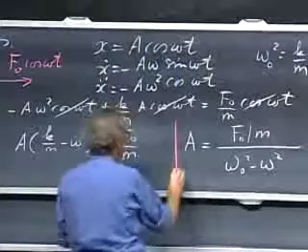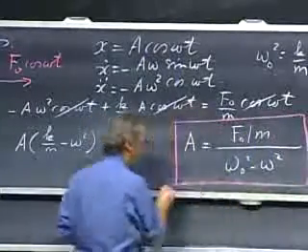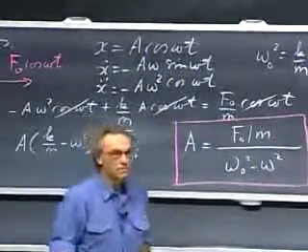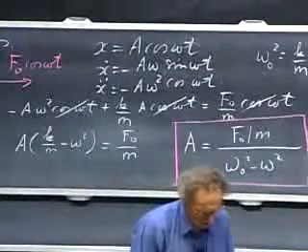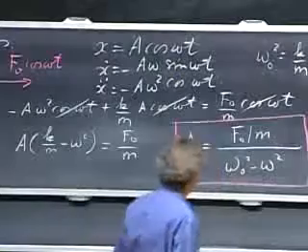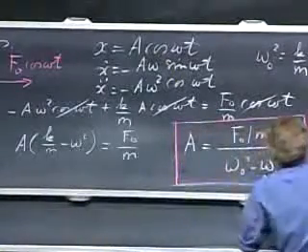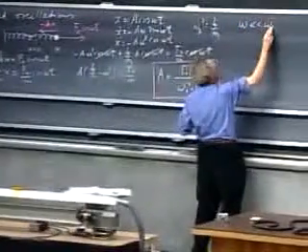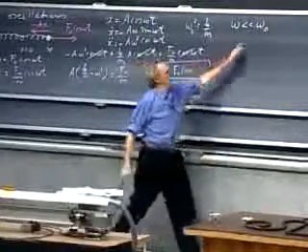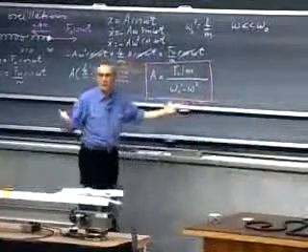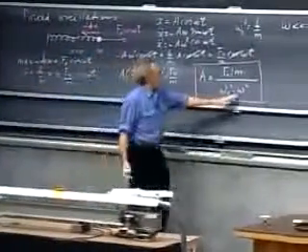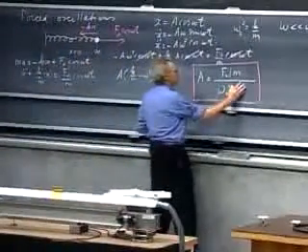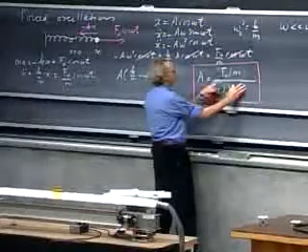And this amplitude has very remarkable characteristics. First of all, if I drive the system at a very low frequency, so that omega is much, much smaller than omega 0, we call omega 0 often the natural frequency. It is the one that it likes. If you have omega much, much less than omega 0, omega 0 squared is k over m.